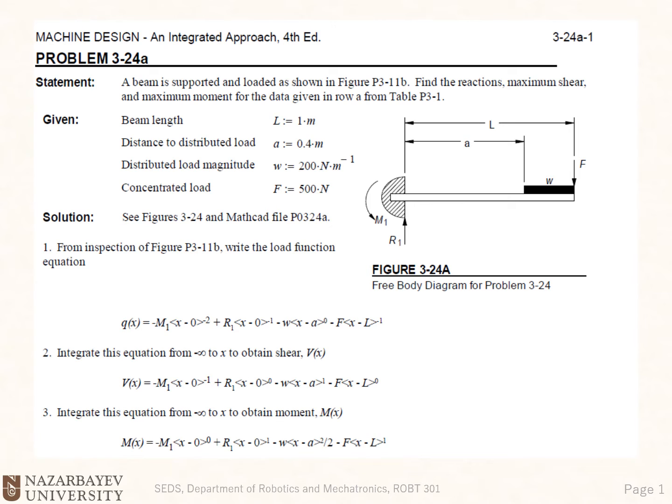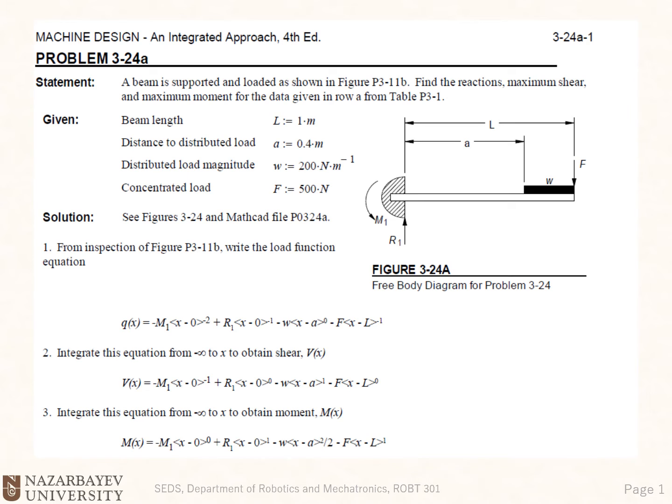So now that we managed to write a proper load function, the next step is to get the integral to find the shear function Vx. So we'll get the integral, the first one. Again, it doesn't follow the regular integral method for singularity function.